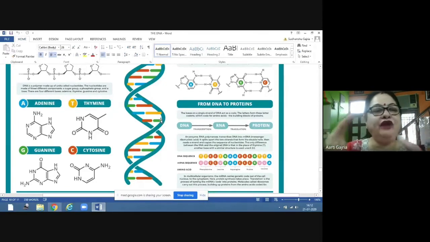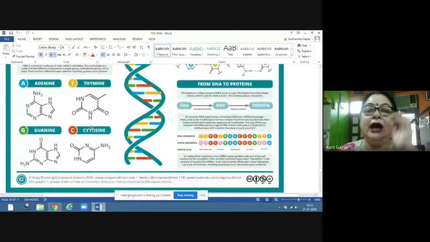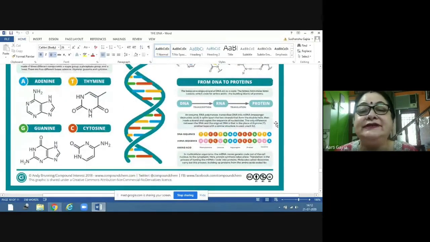So there are always 3 ring structures joined by hydrogen bonds. Now when guanine joins with cytosine, it is a triple bond, and when adenine joins with thymine, it is a double bond. Achha, here they have given the central dogma.